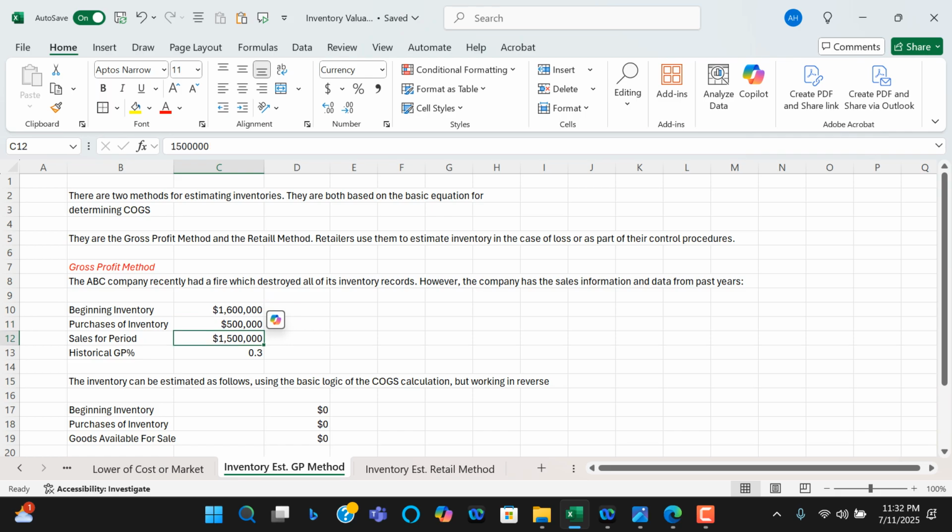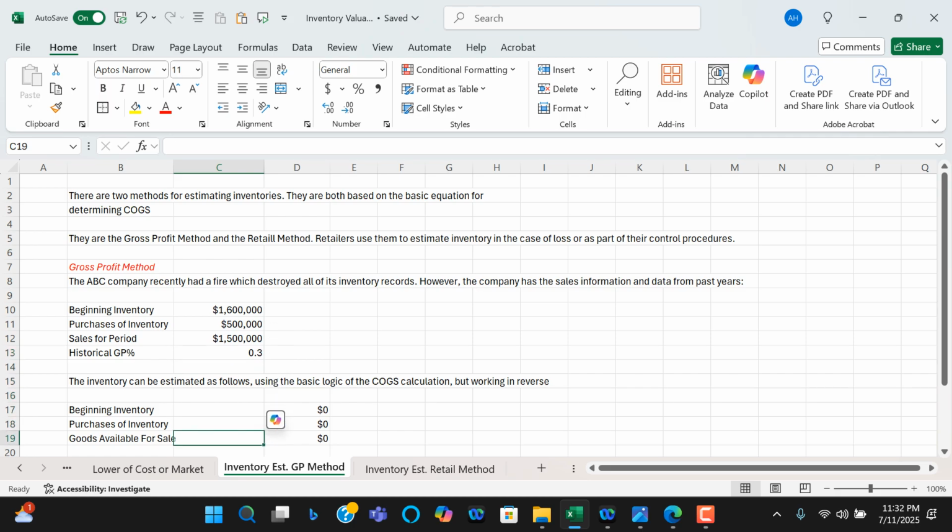They know that the sales for the period were 1.5 million, and they know that their historical gross profit on sales is 30%. So you can already see the logic building. If you can compute the goods available for sale and then take out the cost of goods sold, that'll give you the ending inventory. So this is not all that complicated.